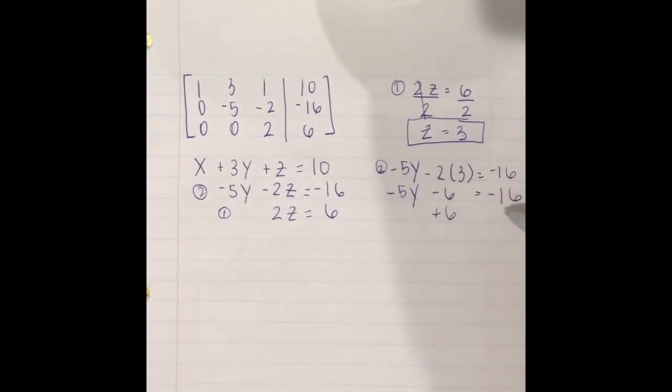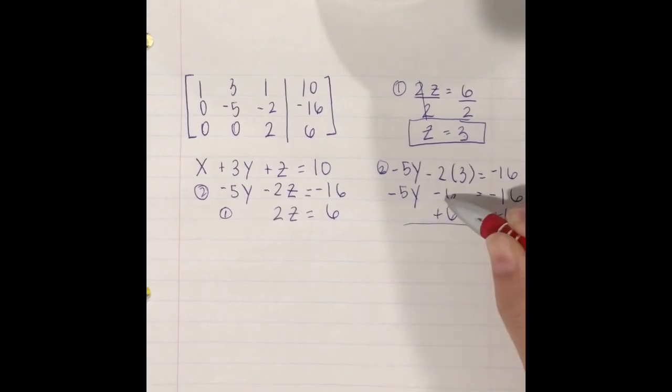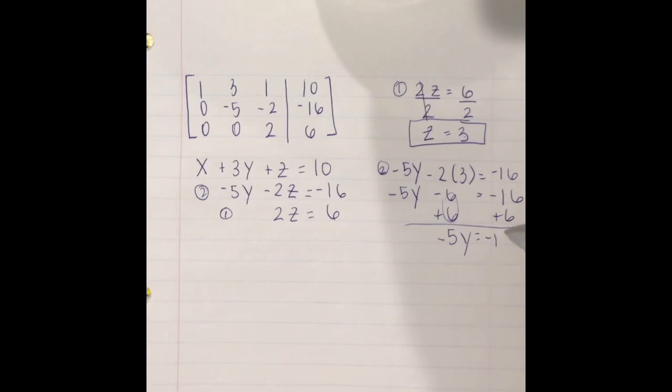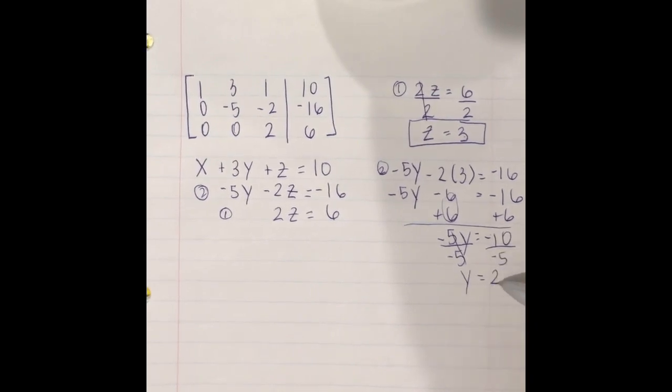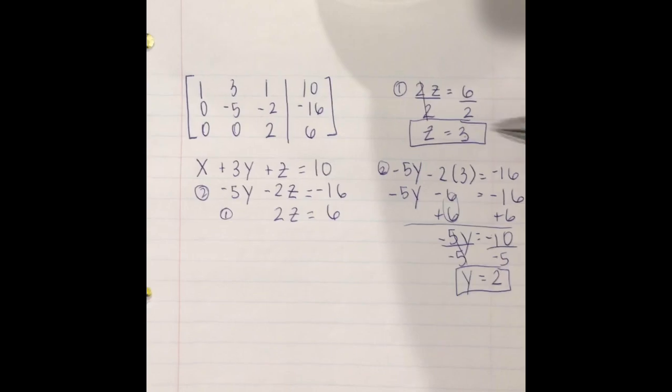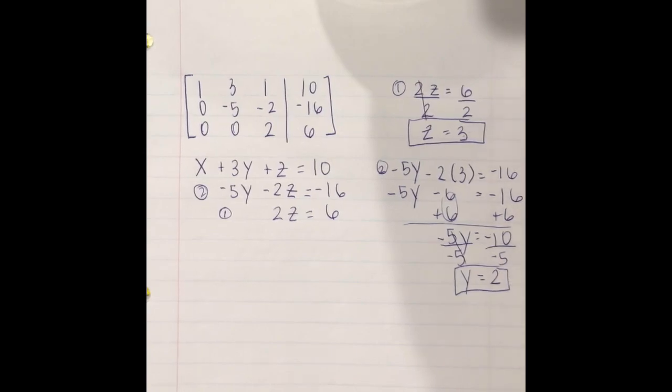We want to add 6 to both sides. And we get negative 5y equals a negative 10. Divide both sides by a negative 5. And we get that y equals a negative and negative, make it a positive 2. So if z is 3, y is 2.